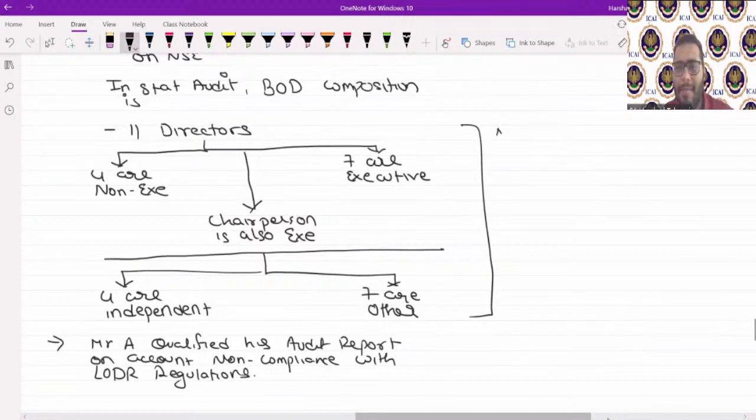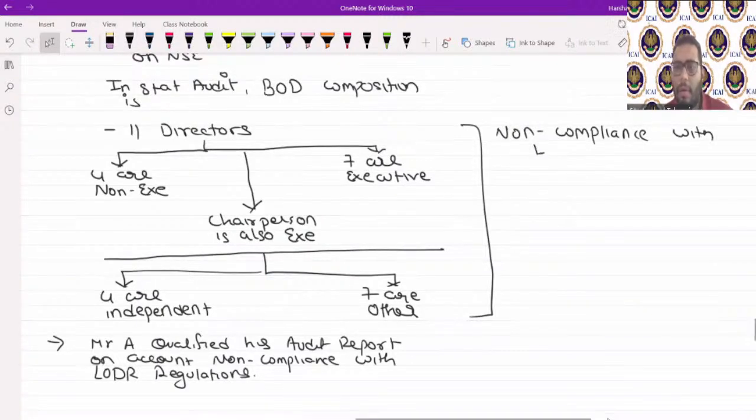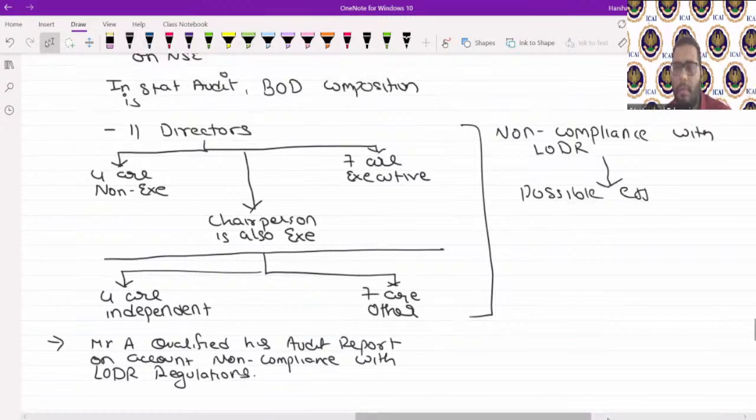This is a non-compliance with LODR. The possible effect of non-compliance can be penalty or fine.